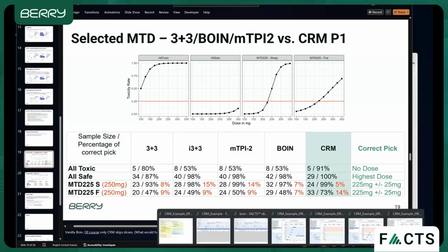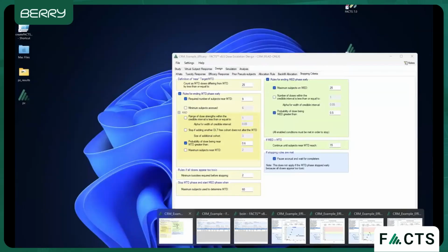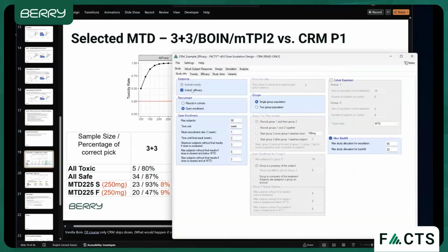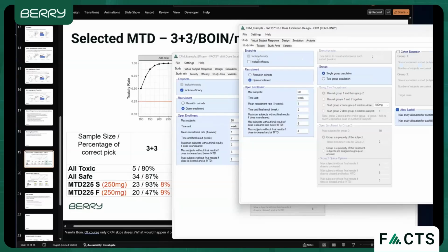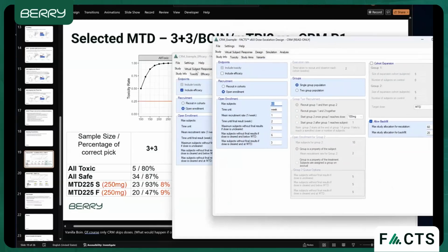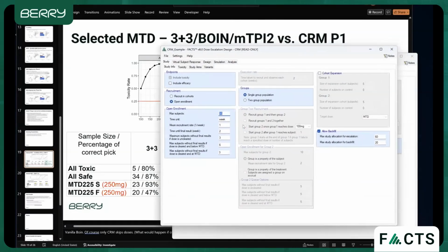So what you can do is set up a second facts file. I have this facts file where I included efficacy, and then I duplicated this file and created another file where I did not include efficacy. I reduced the number of subjects to the 60 that I allowed in the phase 1, phase 2A for the MTD search. So this is now my maximum number of subjects, but everything else I kept the same.